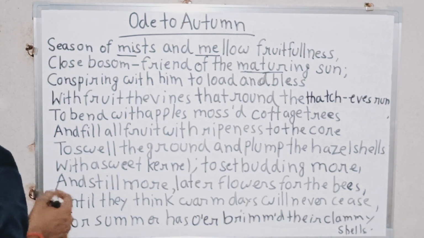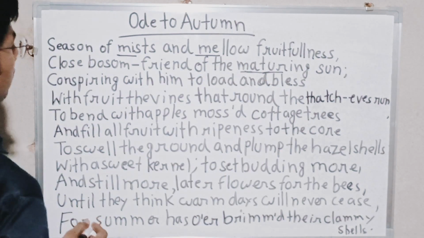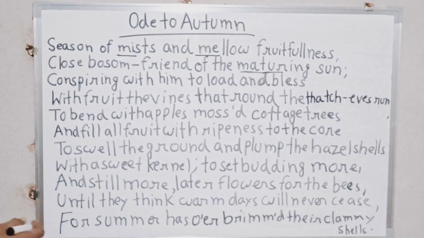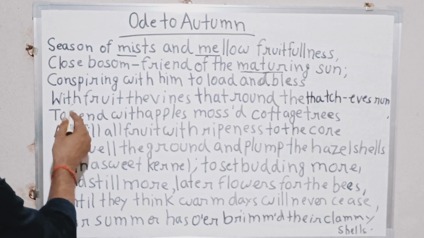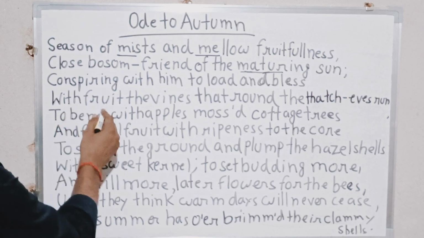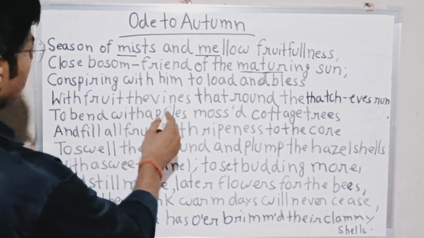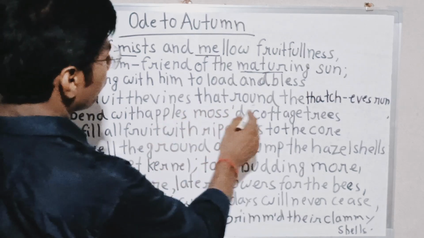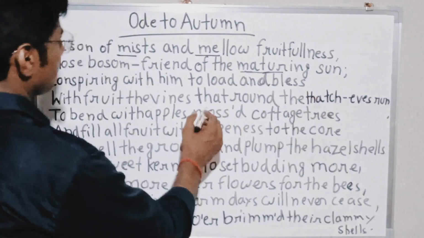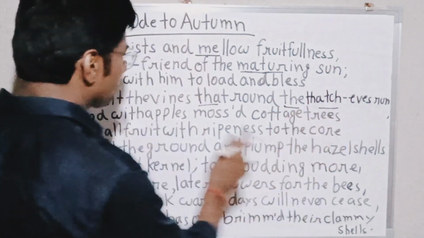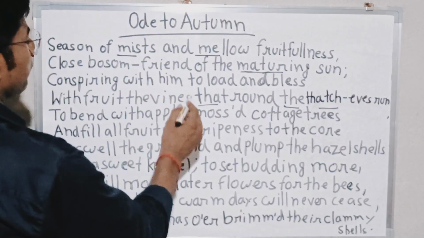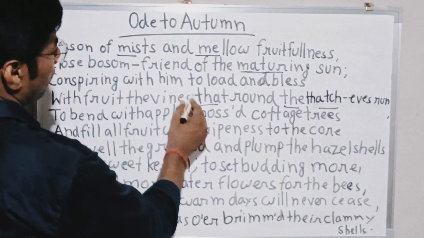See, conspiring with him to load and bless with fruit the vines that round the thatch-eves run. See this, that the thatch: three words holding the sound of T at the beginning.